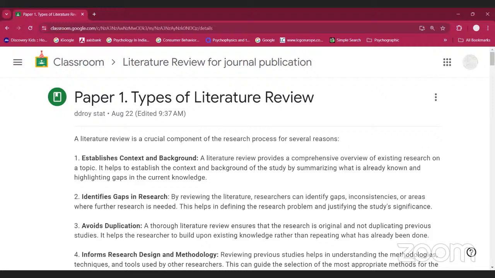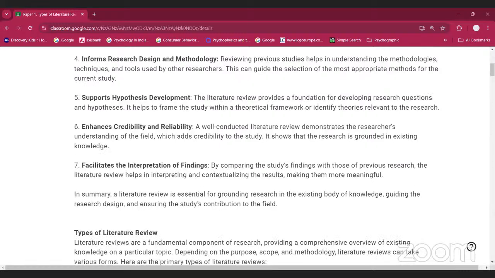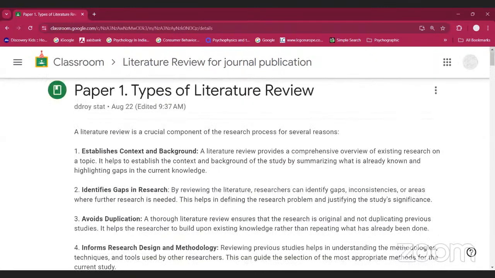Paper 1, types of literature review. Yeah, please. From 1. A literature review is a crucial component of the research process for several reasons.